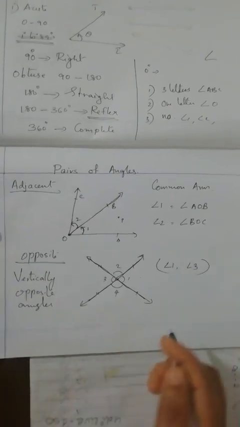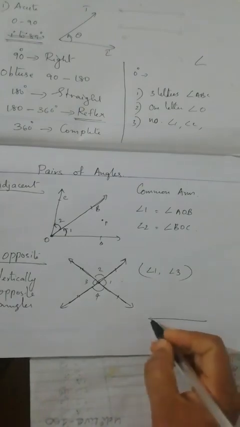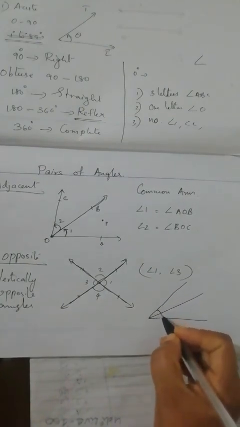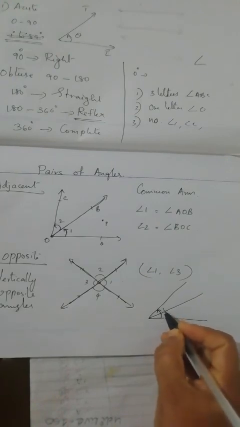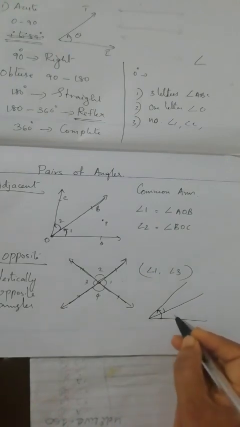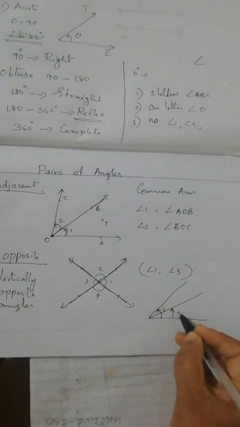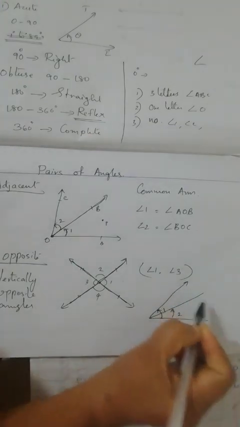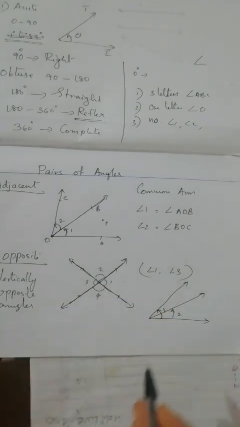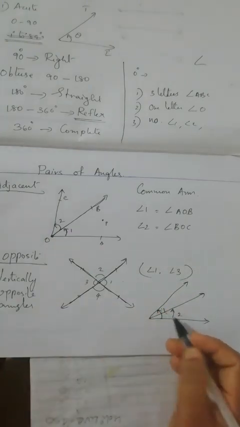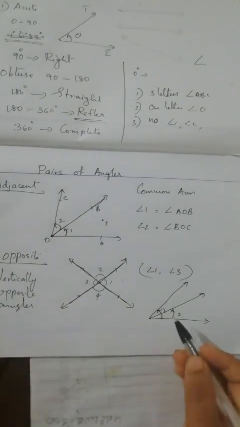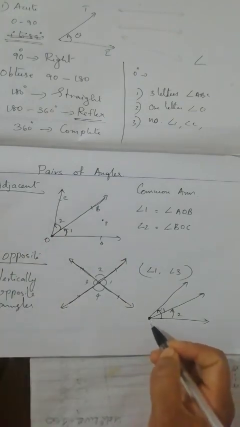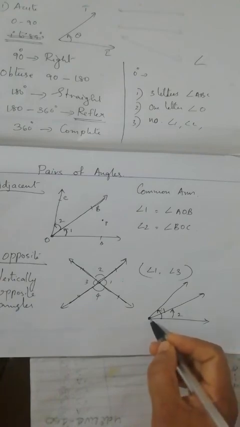Is it correct? No. We can take angles like this. Here angle 1 is the full measure, and angle 2 is from here to here. These two angles are coming near, adjacent. They have a common vertex and a common arm.